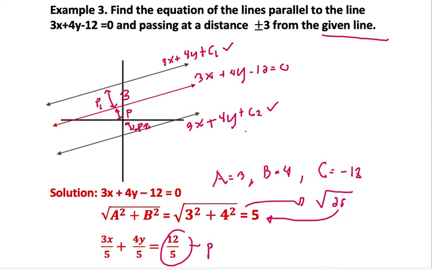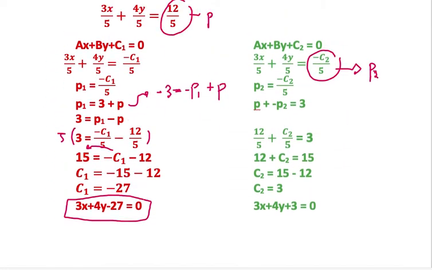If I am going to add p and negative p sub 2, this is equivalent to 3. The distance from this line going to this line is 3. So, in other words, p plus negative p sub 2 would be 3. Okay, so p plus negative p sub 2 equals 3.